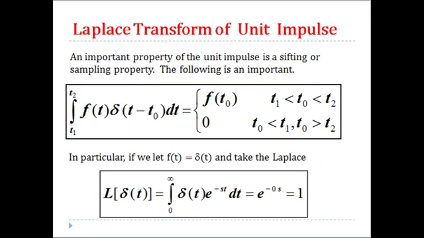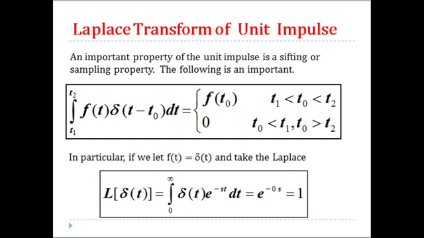The important property of unit impulse is the shifting or sampling property, which is integral over t1 to t2 f of t delta of t minus t0 dt is equal to f of t0 when t1 is smaller than t0 is smaller than t2, and 0 when t0 is smaller than t1 or t0 is greater than t2.